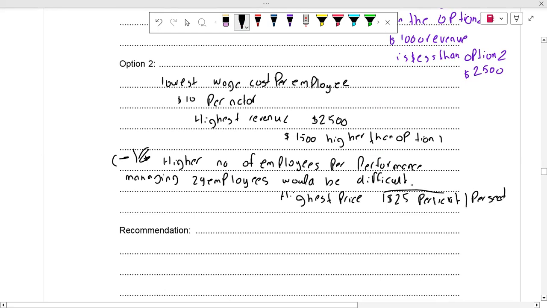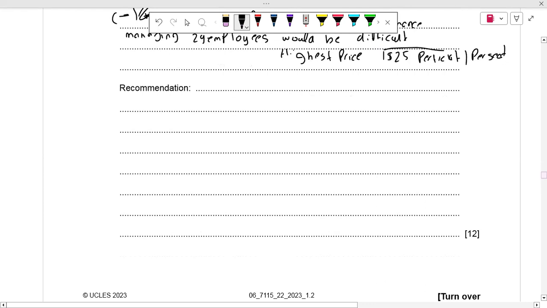This is the negative thing. Okay, and so by doing this, basically the revenue will be lower, because if the ticket price is high, there is less chance of selling the 100 seats.